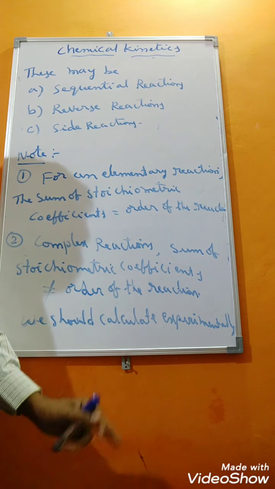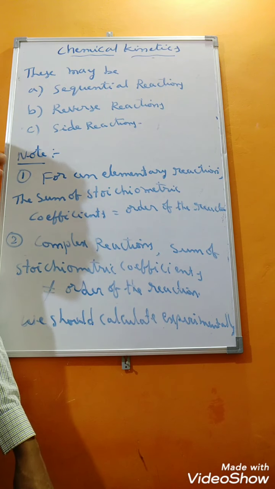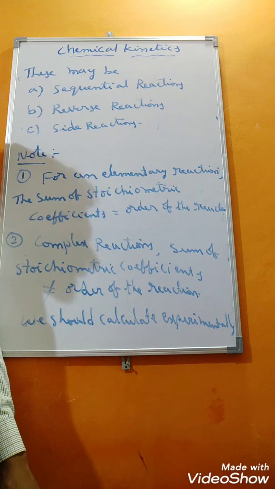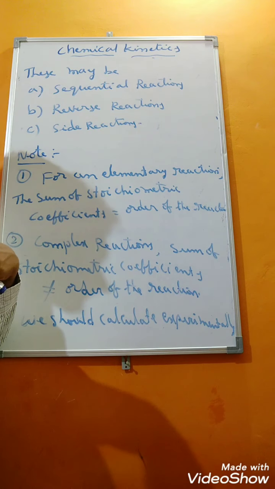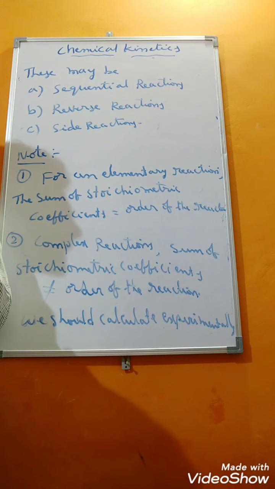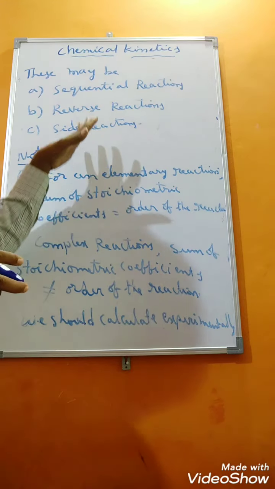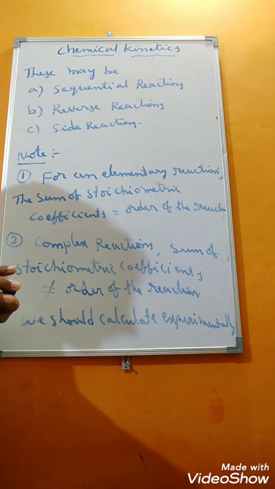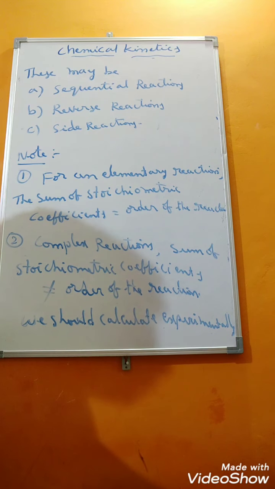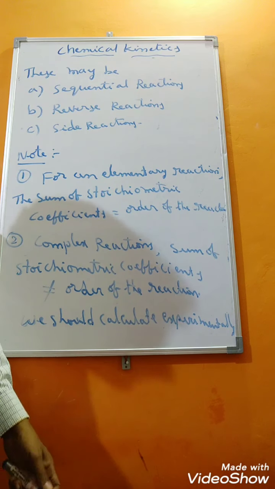And the next concept: till now we have discussed the rate expression, the rate constant, and the order of the reaction. Now we will discuss the units of rate constant. After that we will take some numericals based on the order of the reaction, and see how to identify the order of the reaction in numericals also, students.